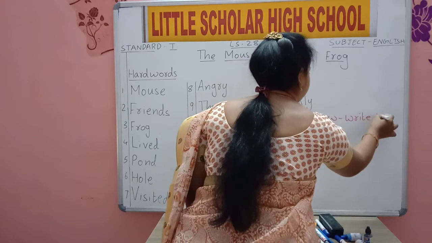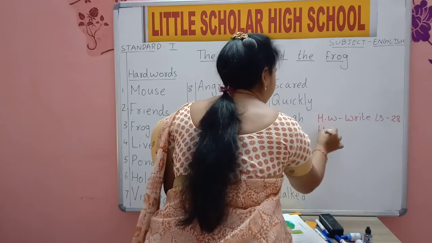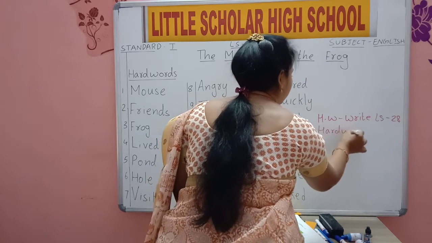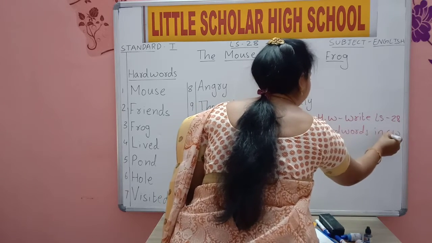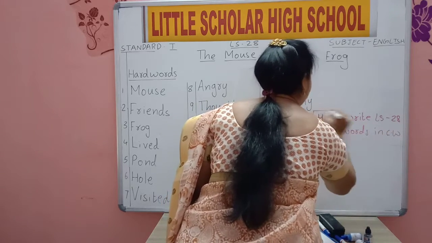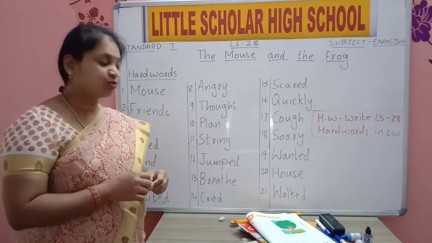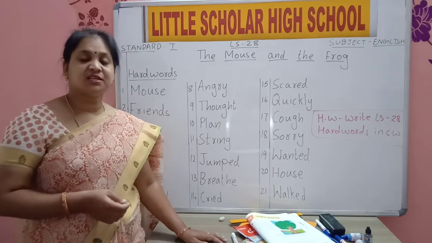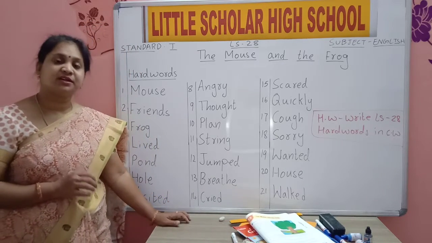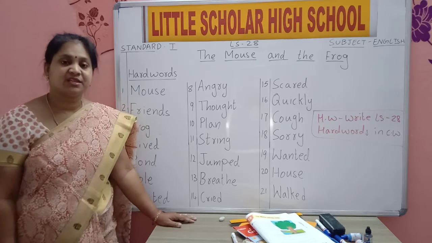Write lesson 28 hard words in your classwork and learn these words. After learning these words, you can read the lesson. After learning these hard words, you should read the lesson 2 times.